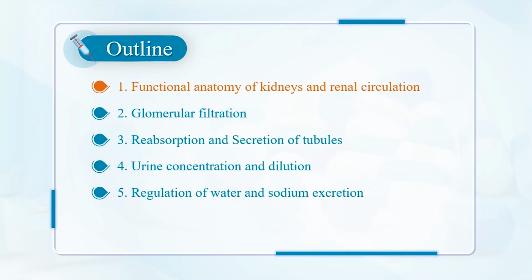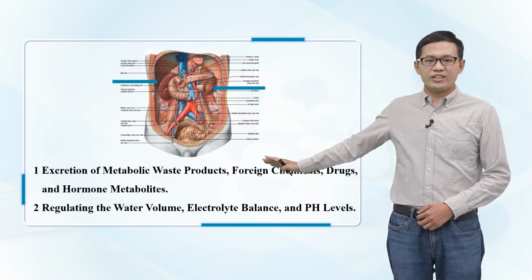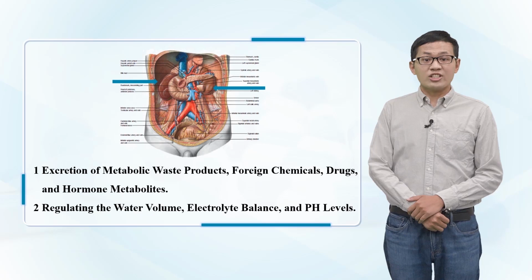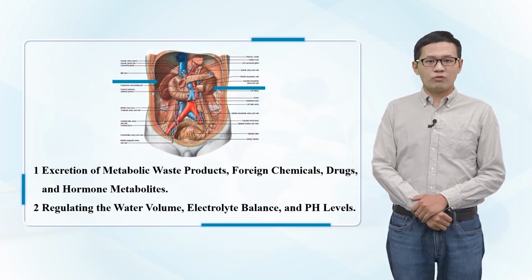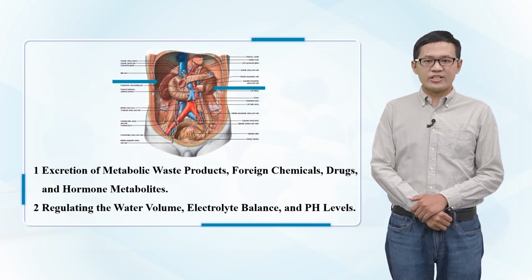First of all, let's learn something about the functional anatomy of the kidneys and renal circulation. Each person has two kidneys, and the functions we are going to focus on include regulating all sorts of important homeostatic things, like your water volume, ions, salt concentration, and pH levels, and influencing your red blood cell production and blood pressure.